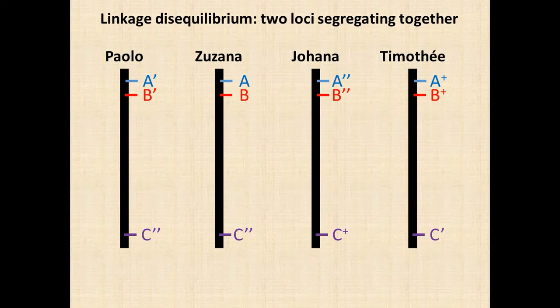And because they will always segregate together, simply because there is no recombination hotspot between them, it means that finding one allele here will automatically mean finding the associated allele there.